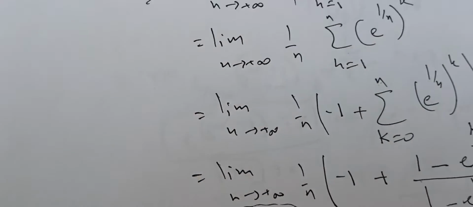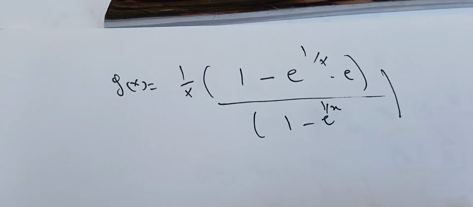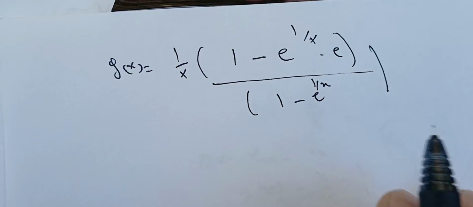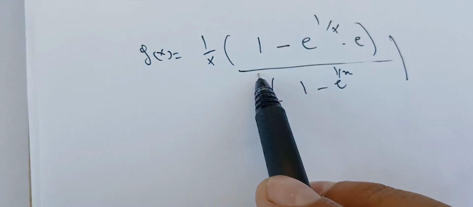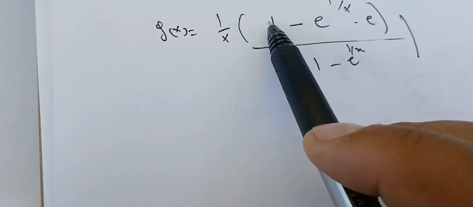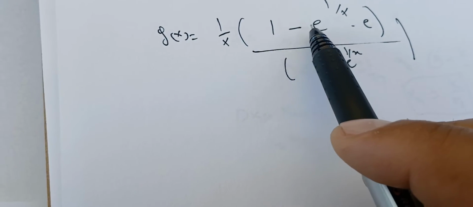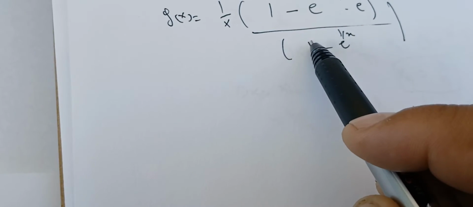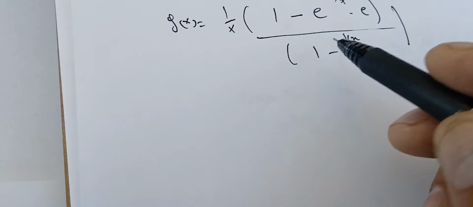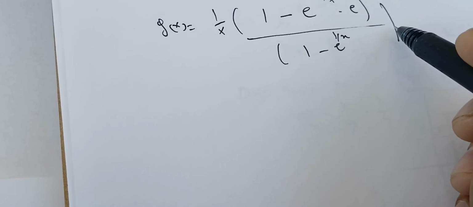So let me introduce this function. I define this function g(x) as 1 over x times 1 minus e to 1 over x times e over 1 minus x. So in fact, I changed n to x.